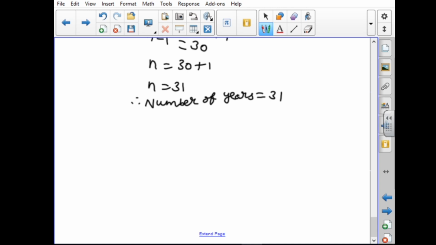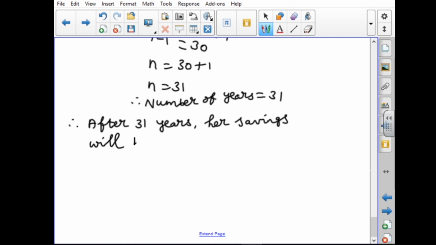Therefore, you write the answer like this: after 31 years, her savings will be rupees 20,000.